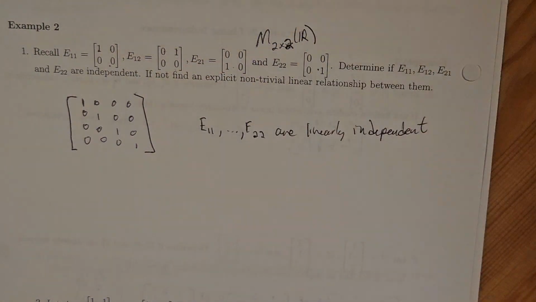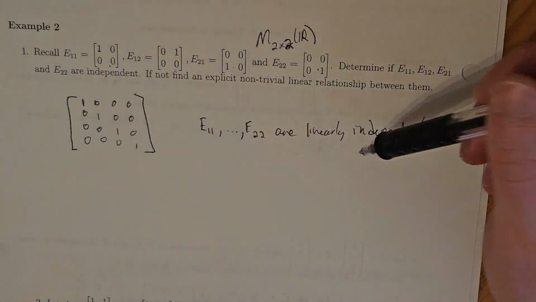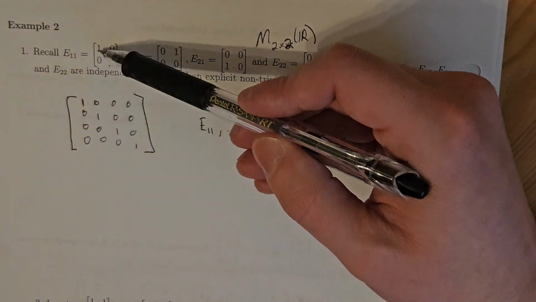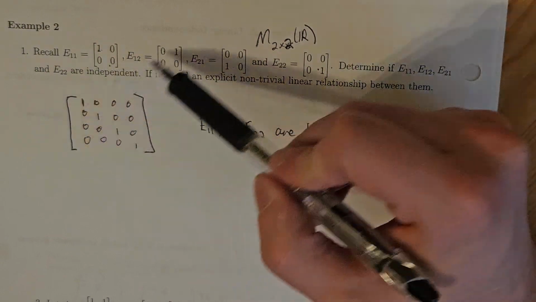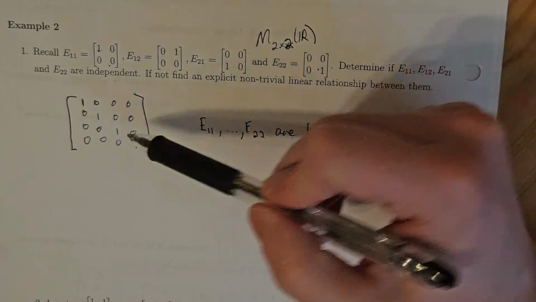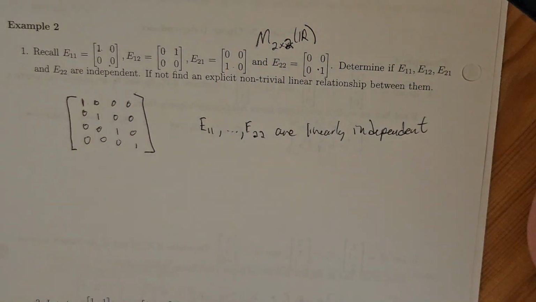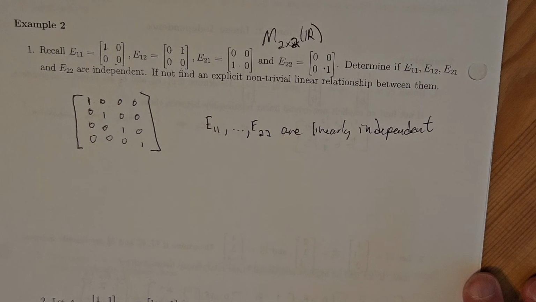And pretty clearly, just like one of the previous problems, this is immediately going to tell us we are linearly independent, because if we write out our vectors here, this vector we can think of as the column vector 1, 0, 0, 0, so we write that out. 0, 1, 0, 0, so we write that out, and so on. And we immediately see that we have 4 pivots and 4 vectors, so this set is linearly independent.